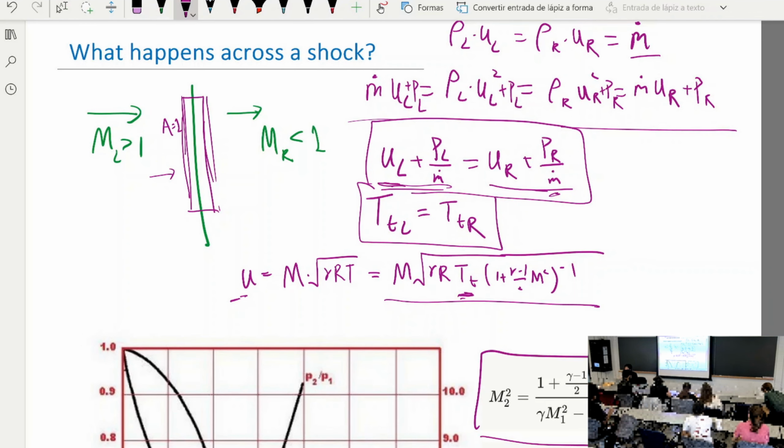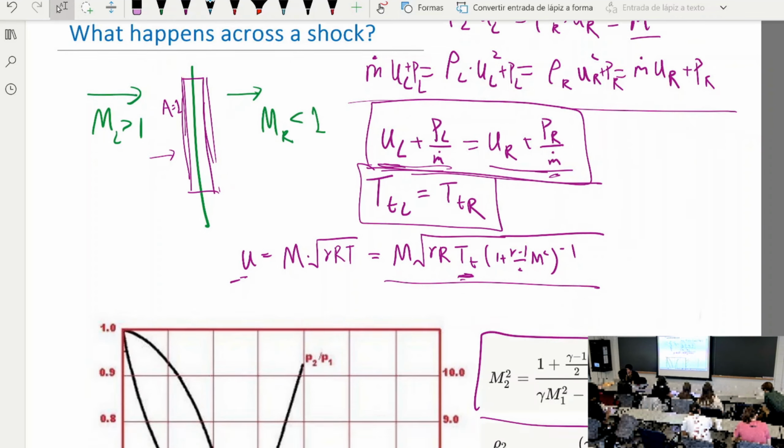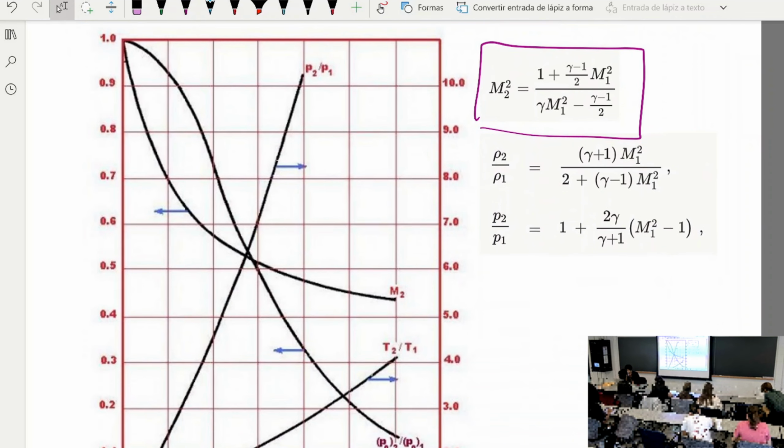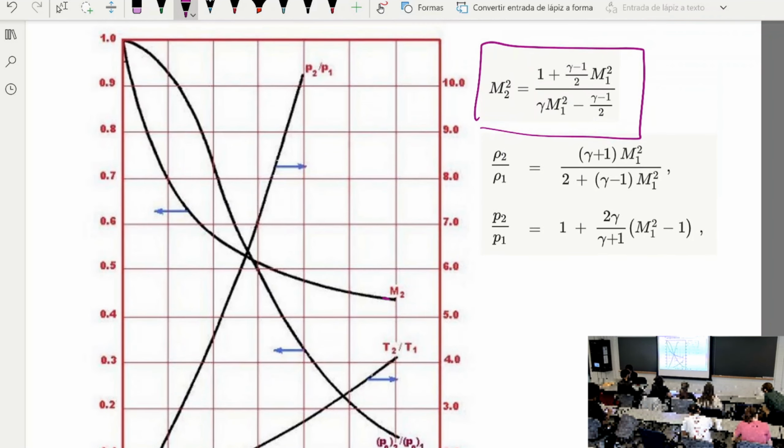You can have this equation on both left and right written as a function of the two Mach numbers. So this equation gives you the relation between the Mach number upstream and the Mach number downstream. If you plot M2, the Mach number downstream, as a function of M1, the supersonic Mach number upstream, you get a relation like that.